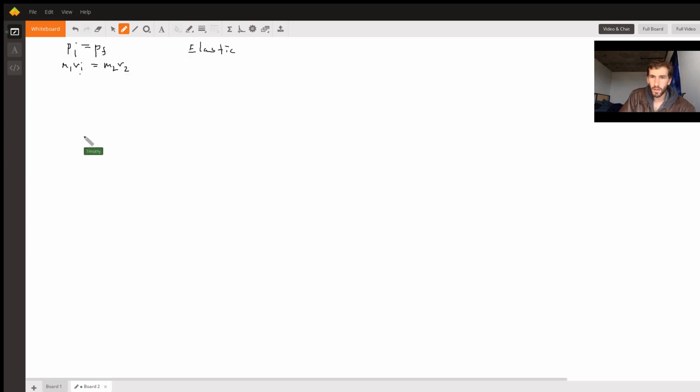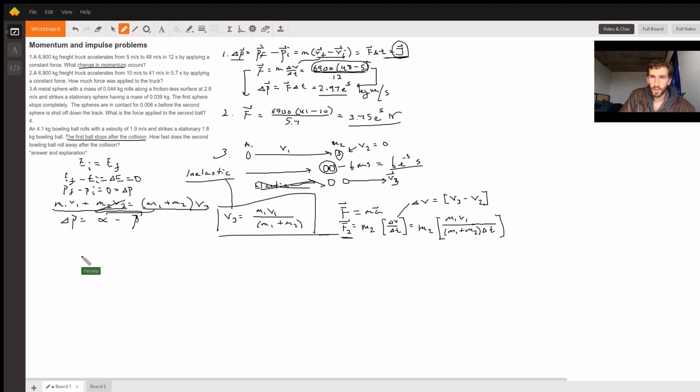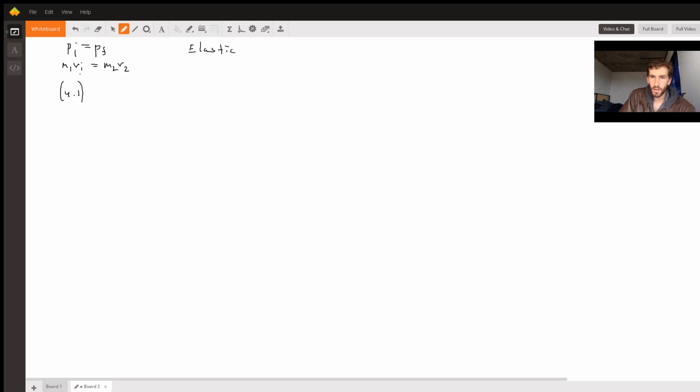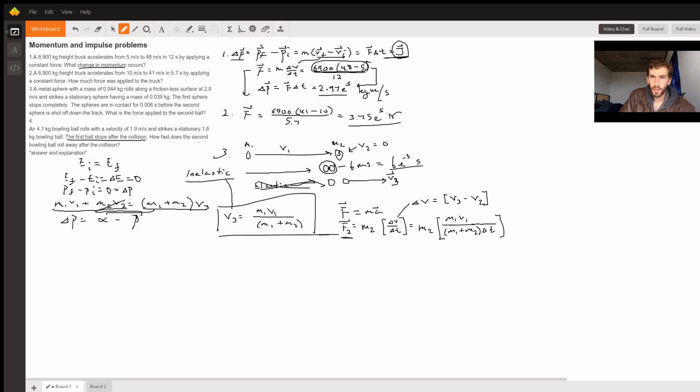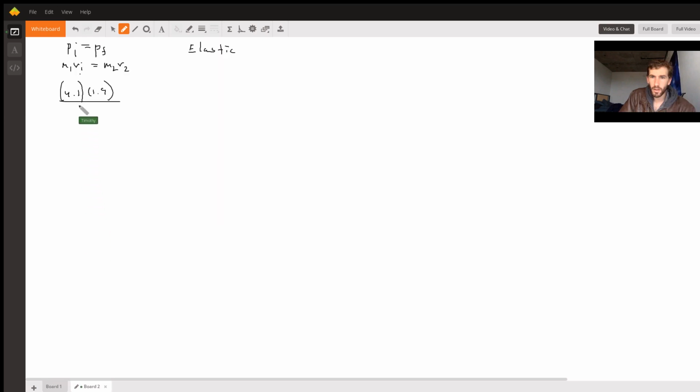So it's just going to be 4.1 times 1.9 meters per second divided by mass 2, which is 1.8 kilograms. And this will give you the velocity of your second ball. All right. Well, good luck.